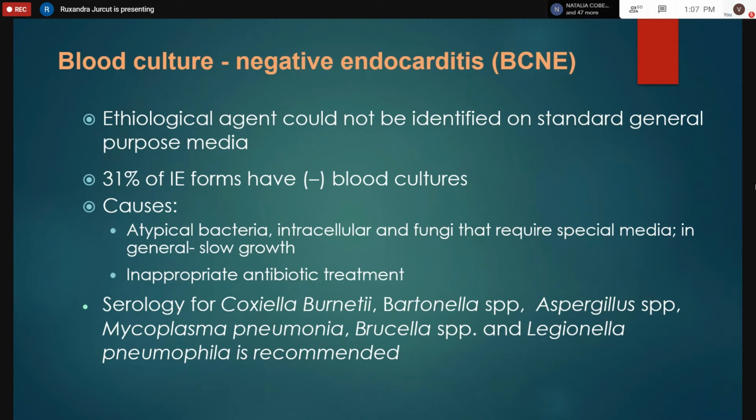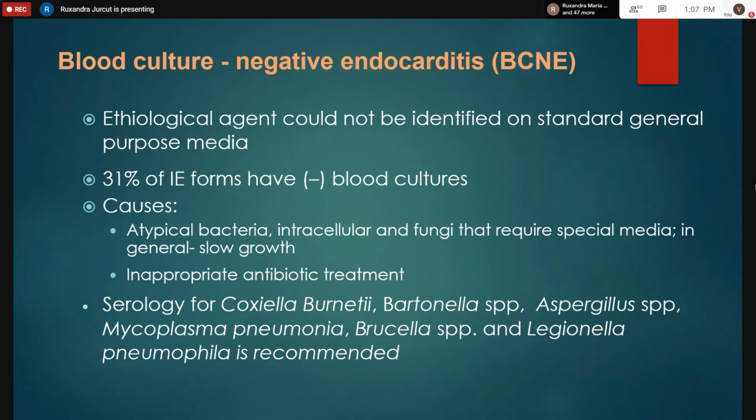However, and I mentioned it before as well, it is quite frequent, when you think of 30%, this is a high percentage, that the patients don't have any germ growing on the hemocultures, even if many other criteria, many other elements make us be quite sure this is an endocarditis.